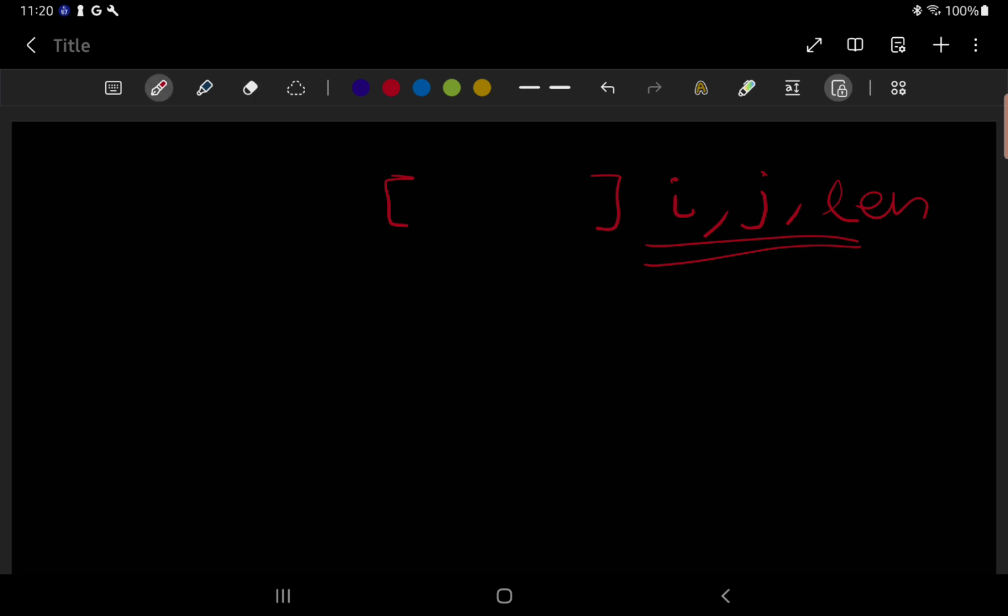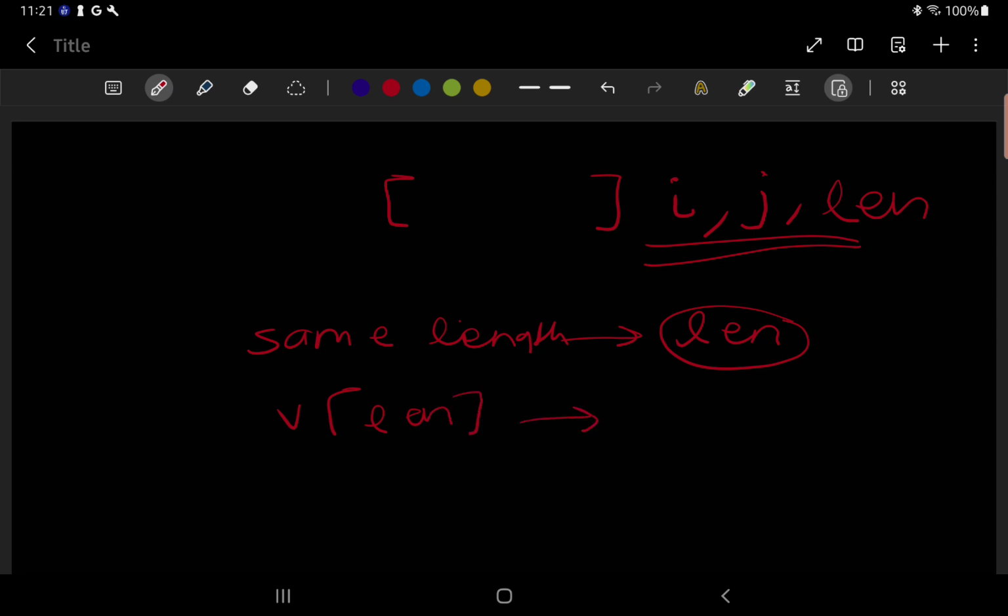Since we needed to have the same length, we need to store some length for it to be distinguished. Like you need all the subarrays of equal length. So take a vector of length, and store all the indexes at which the array starts.